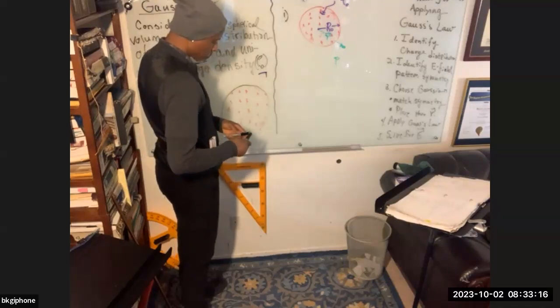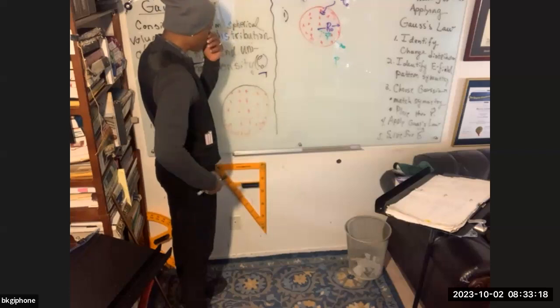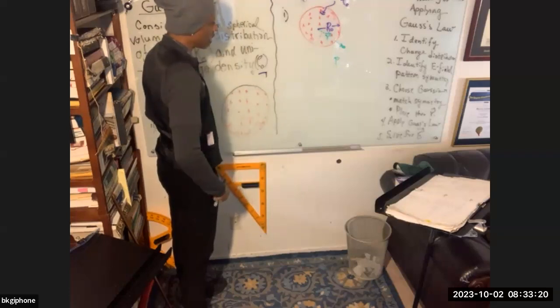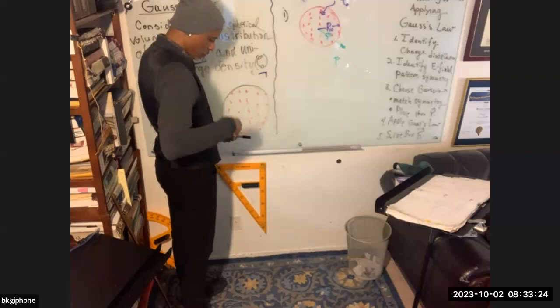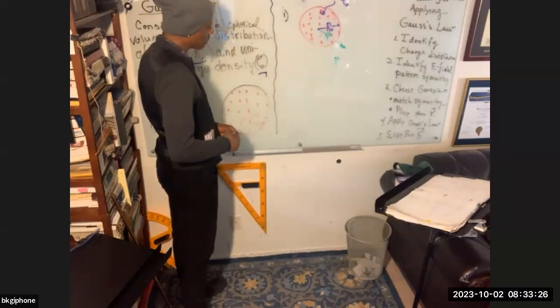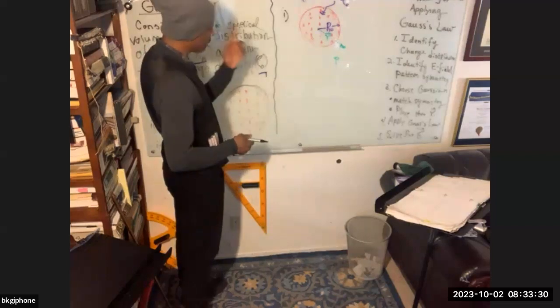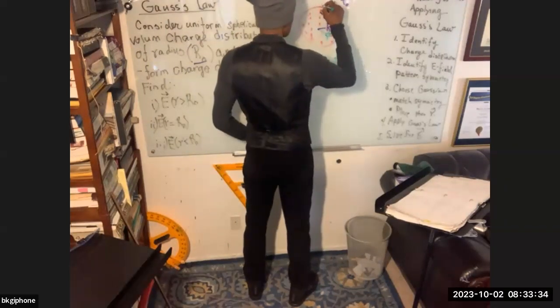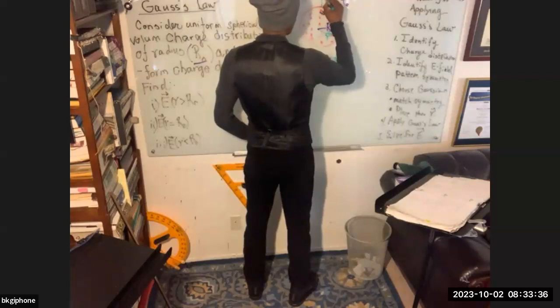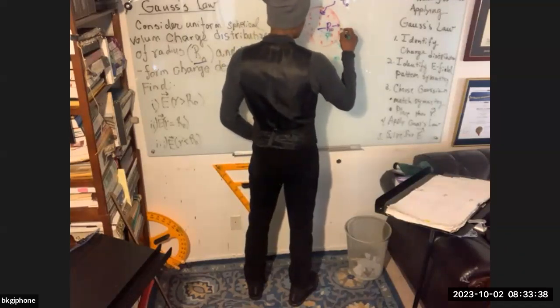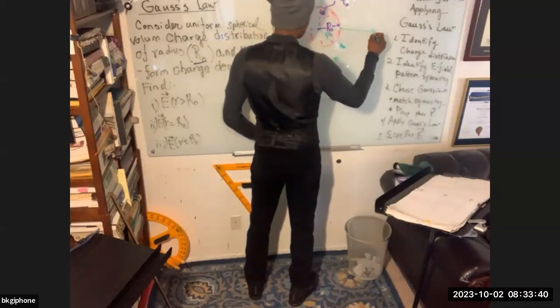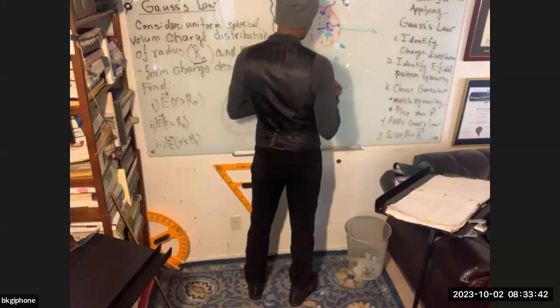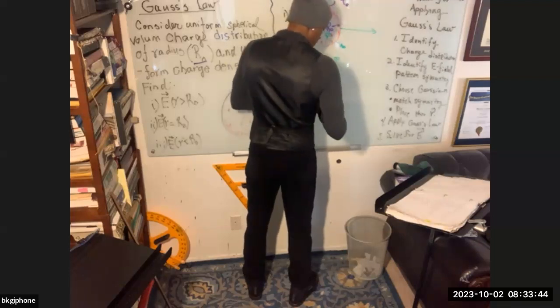I'm just going to draw it from the surface, because on the inside the functional form may be something different, but we definitely know that field lines have to terminate on the surface of the object.